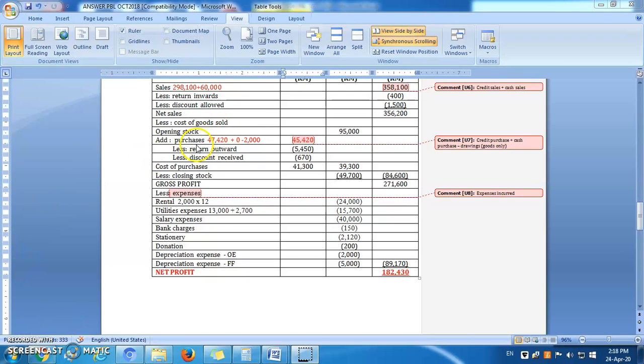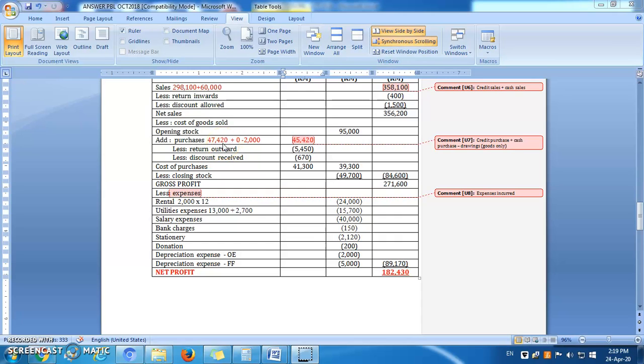Now, for our purchases, the same concept applies as our sales. It should include all credit purchase plus cash purchase. However, in this question, we do not have any cash purchase.